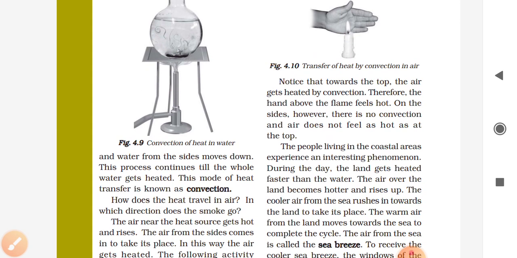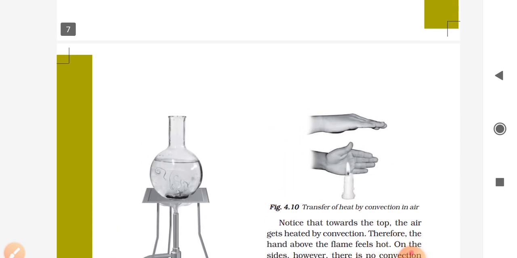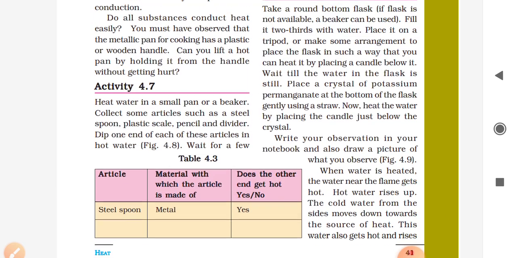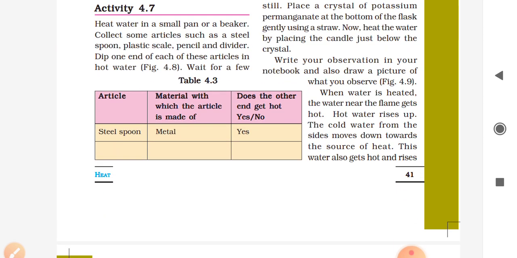The process of continuously moving heat toward the upward direction is called convection. You can see here that when water is heated, the water near the flame gets hot.